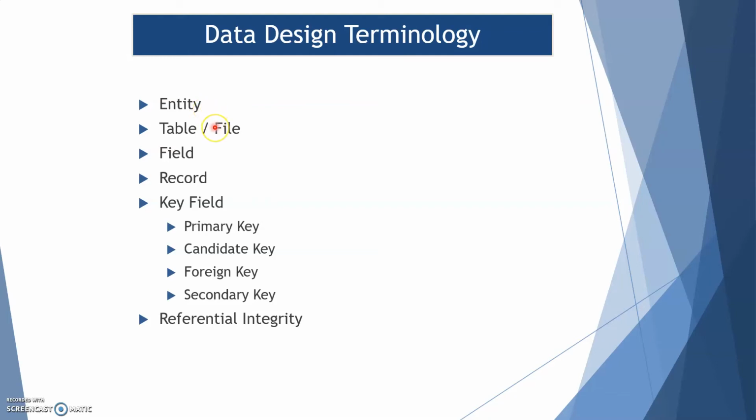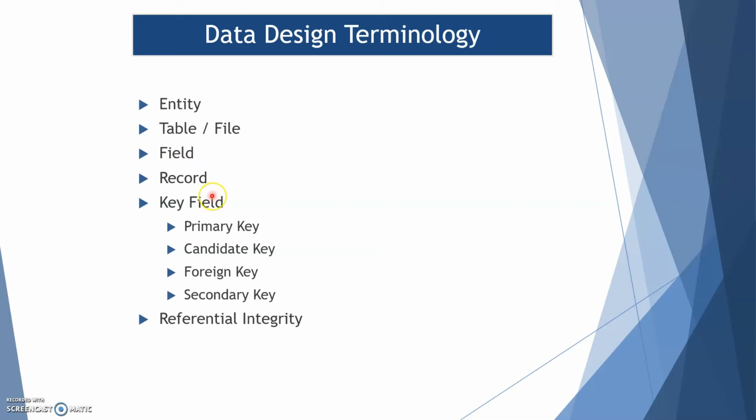For the table or file, data is organized into tables or files. A table or file contains a set of related records that store data about a specific entity. The third one is the field. A field, also called an attribute, is a single characteristic or fact about an entity.